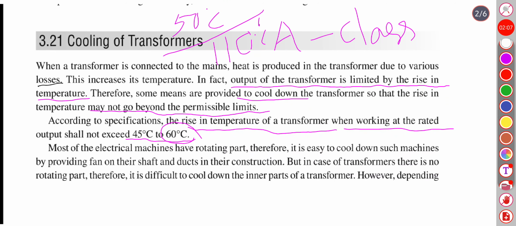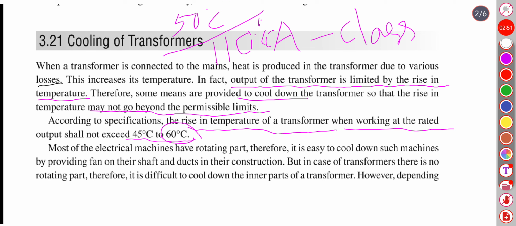So the insulation provided for winding is subjected to a risk, and if the temperature exceeds more due to excess heat, the winding may burn out, or the core will get heated, or we may see the hot spot in the core, and ultimately the magnetic circuit of the transformer is affected.